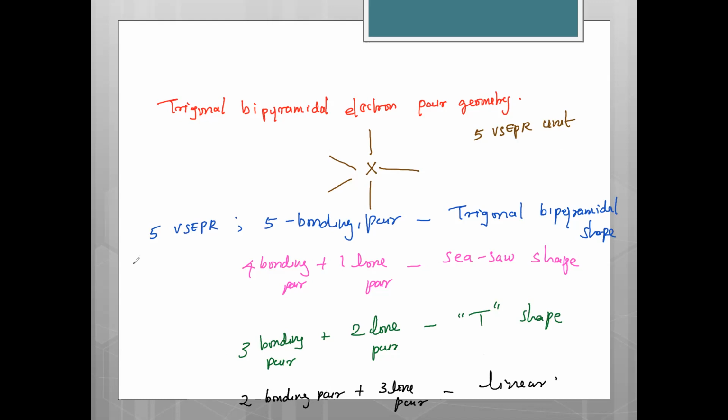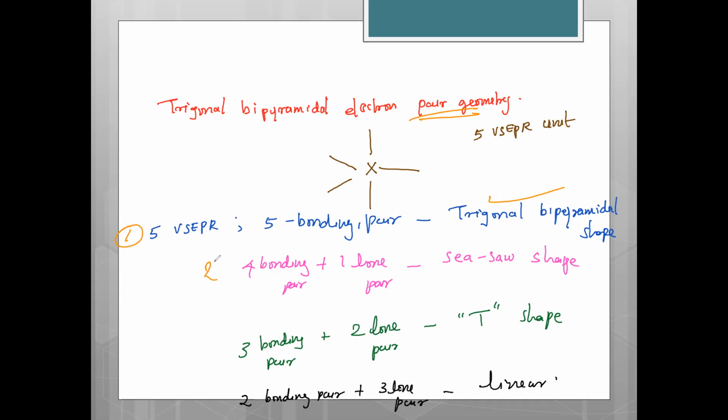There are 4 types of shapes under the trigonal bipyramidal electron pair geometry. The first one: if you have 5 bonding pairs, since you should have 5 VSEPR units, and all 5 are bonding pairs, we call it the trigonal bipyramidal shape.